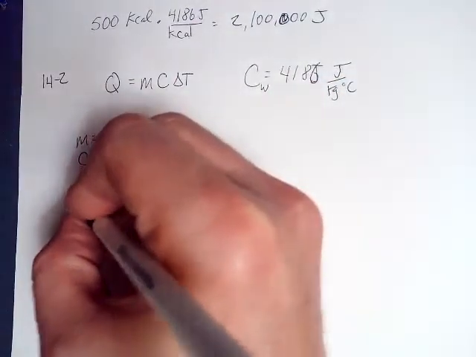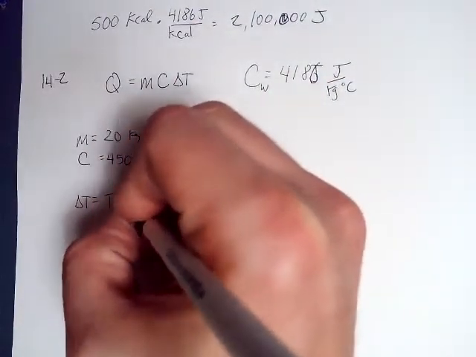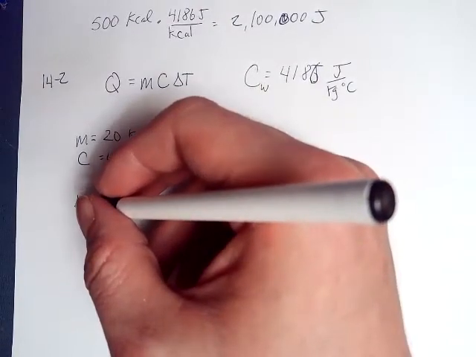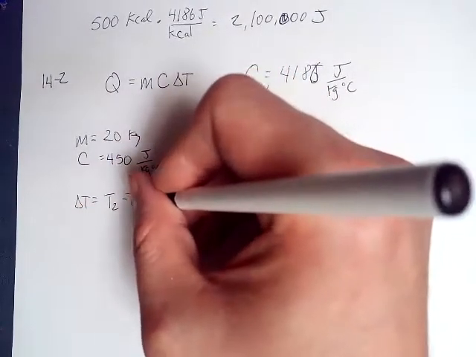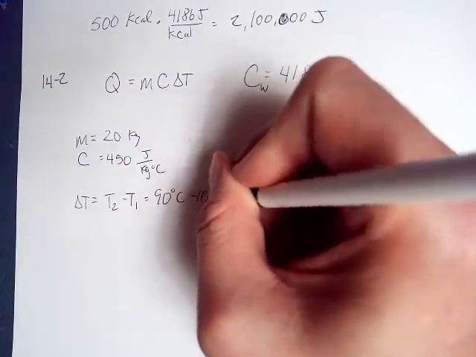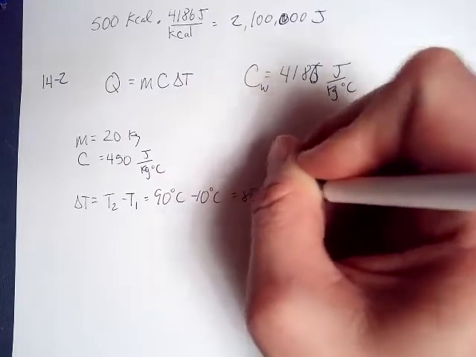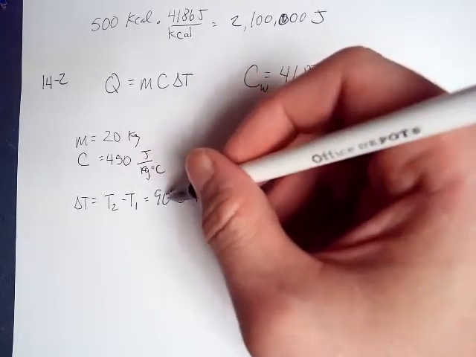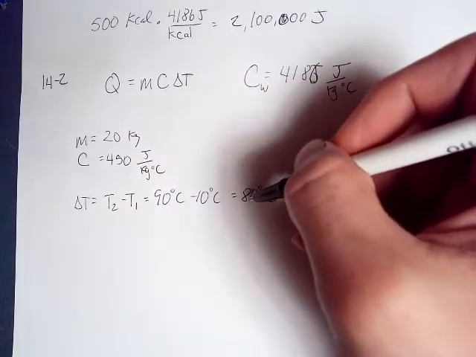And then delta T, as always, is T2 minus T1. This could be positive or negative. In this case, we're rising in temperature, so this is 90 minus 10. If it was going from 90 to 10, then that would be negative 80.